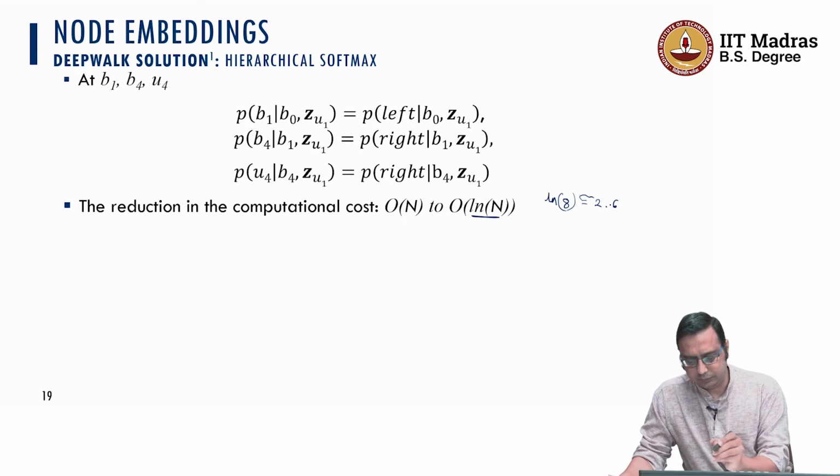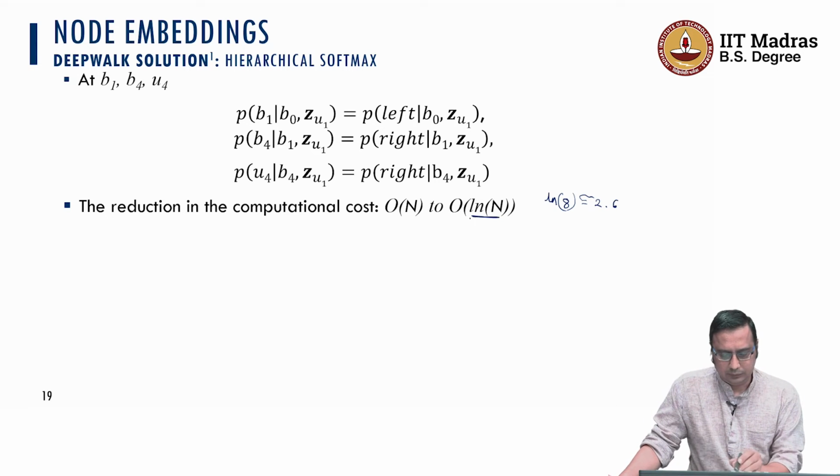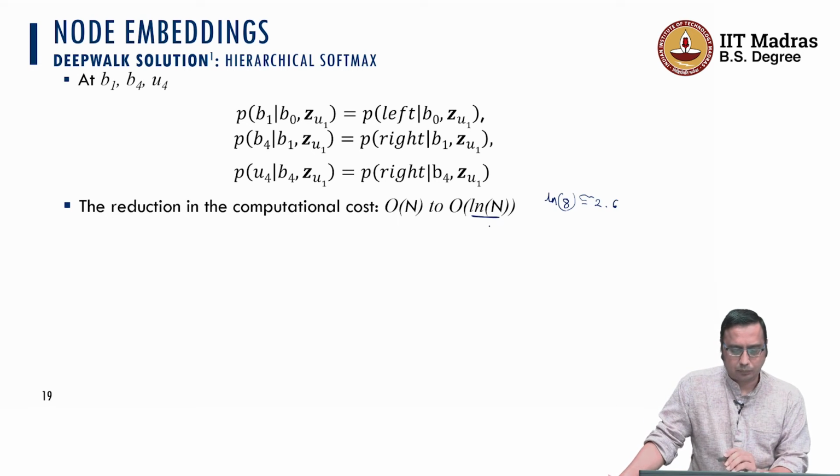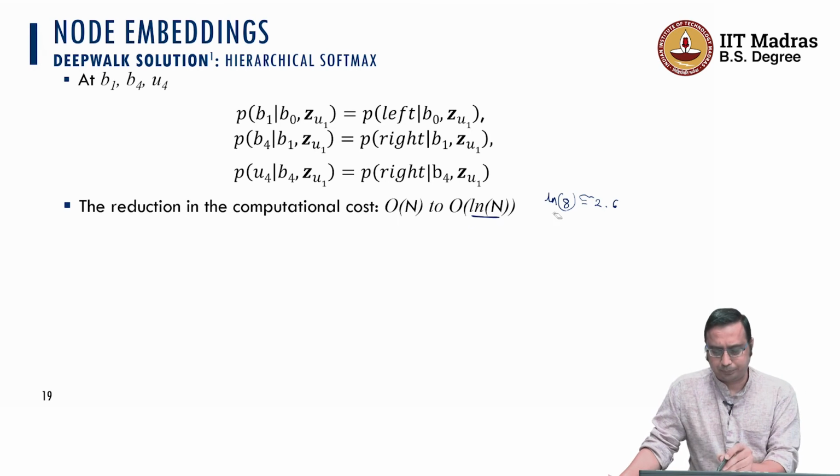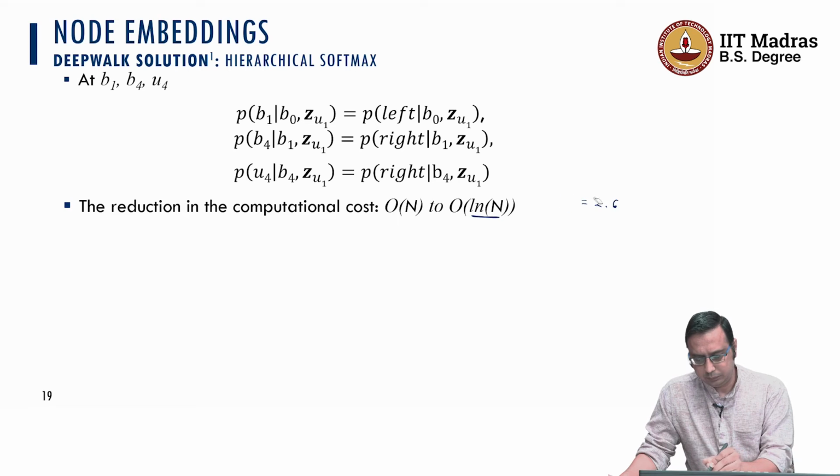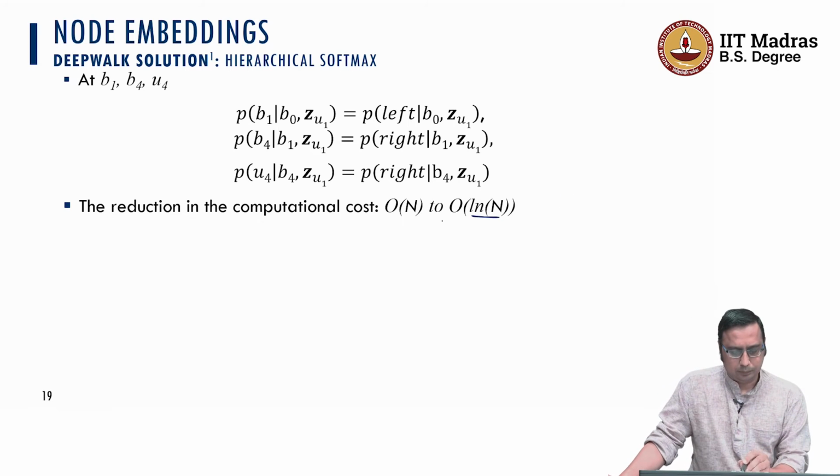It's a 6. Then this will become only visiting 2 internal nodes. So we have not visited all the N nodes. It is just ln nodes.